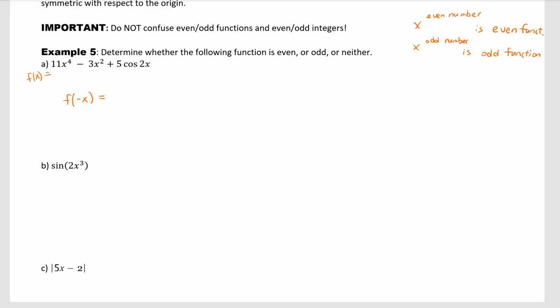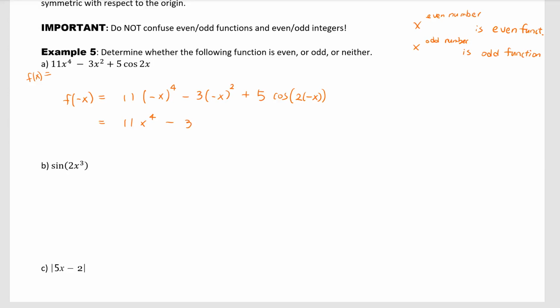Whenever you see x, we replace x by minus x in the expression, and don't forget your parentheses. So minus x to the 4th, and then minus x squared, 2 times minus x. What is minus x to the 4th? Well, that is just x to the 4th.